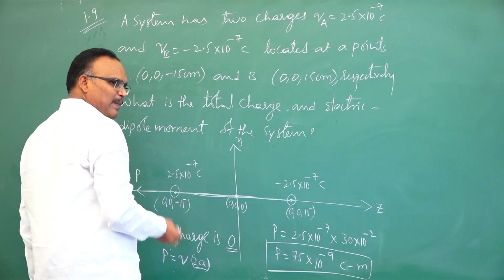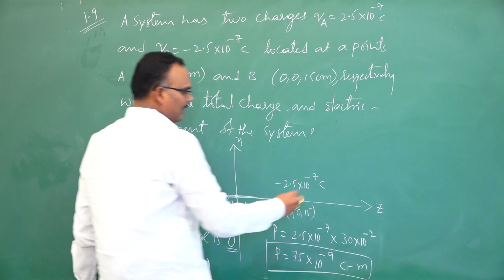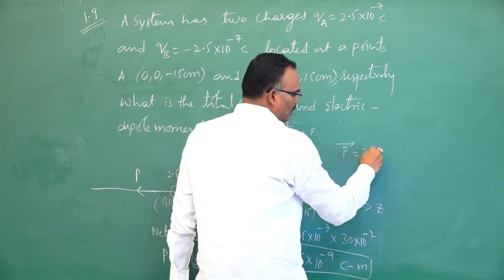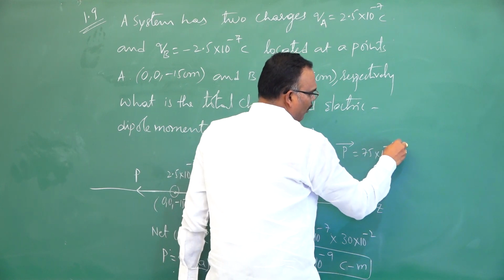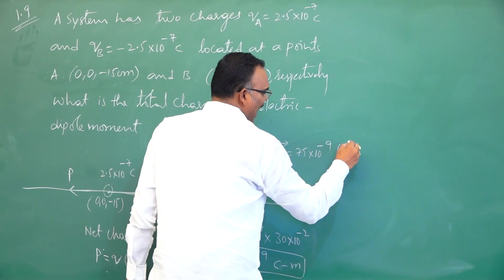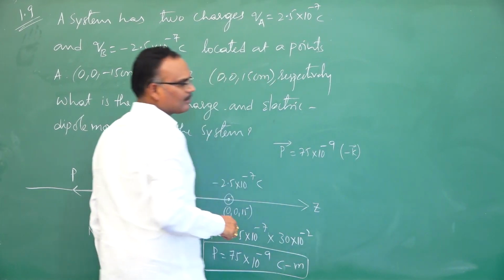If you want to express this in terms of a vector, then we will say dipole moment vector p is equal to 75 into 10 to the power of minus 9 into minus k cap. Why?